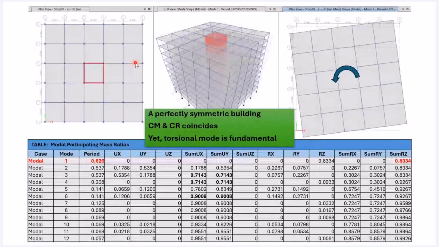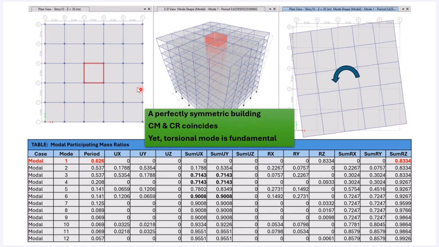So I'm switching to the next slide now, which is an example that shows a perfectly symmetric building, right? These are ideal cases. We'll try to see a couple of examples, but this is for understanding: the torsion mode is dominating here. Now here it is a perfectly symmetric building.